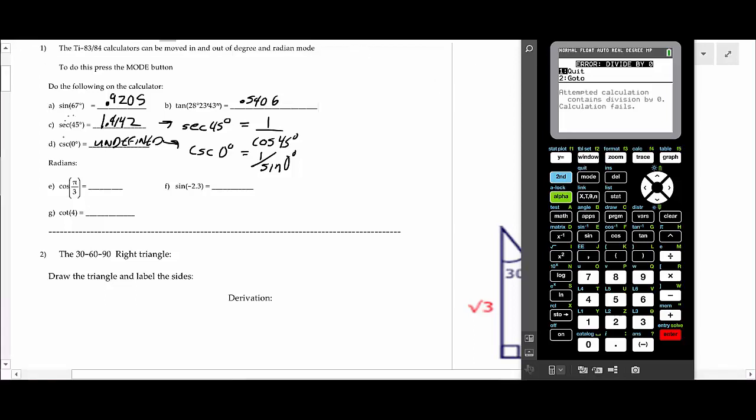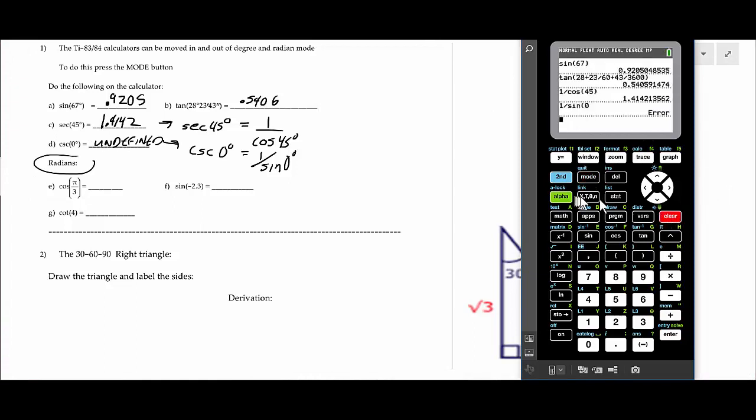Okay, the next ones that you want to do is, well, you're in radians. You always assume your angle's in radians unless it has a degree symbol. So what we want to do is go to your mode button, and I have to clear that off first. So I'm going to go to my mode button. Now I'm just going to change to radians. And this is something you're going to do in the class a lot, is go back and forth between different modes.